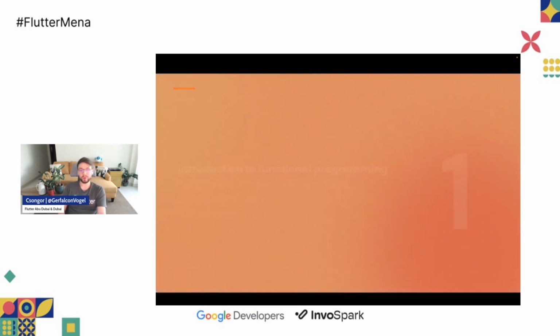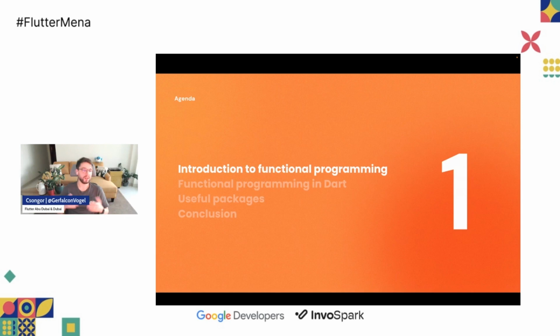But today, what we are aiming to learn together is mainly functional programming. Functional programming is a large topic, and in the upcoming minutes we will only have time to discuss the basics, and then learn the language features that Dart provides for functional style implementations.